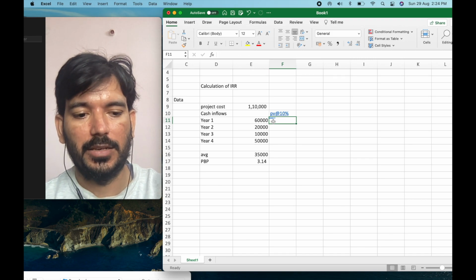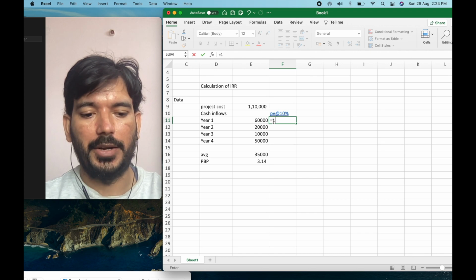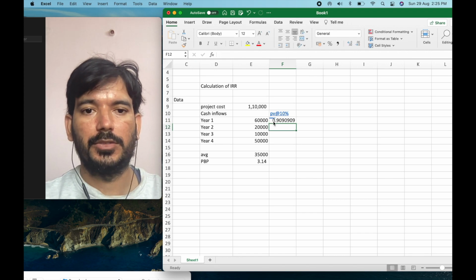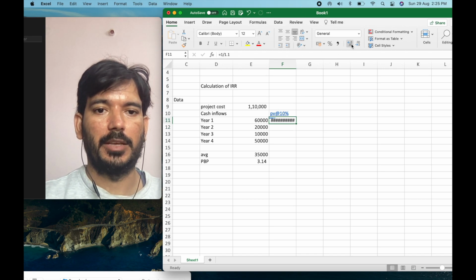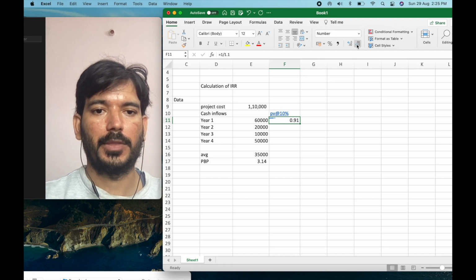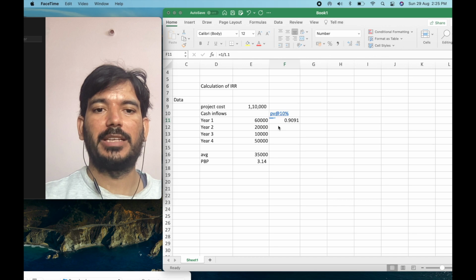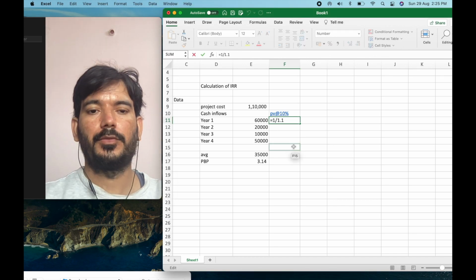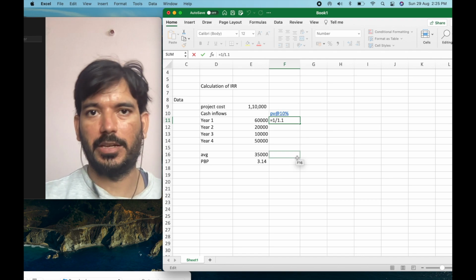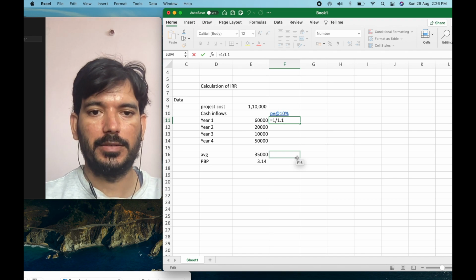What I mean by that is 1 divided by 1.1. There are so many digits, so we will be keeping it to 4 digits. So this is your present value of 1 rupee after 1 year at 10% discount. We have done it for 1 year. We will be doing it for the second year, third year, fourth year as well.